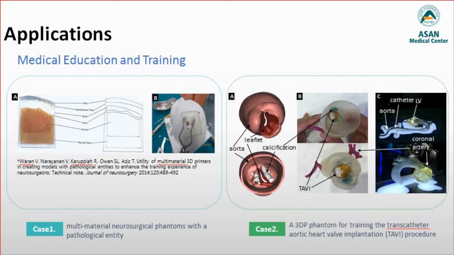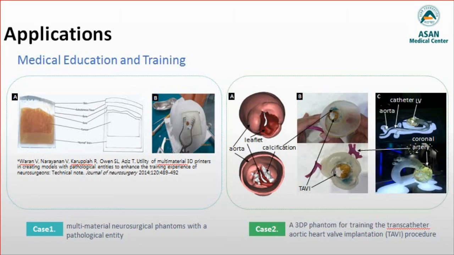Similarly, case 2 is a 3DP phantom for training the transcatheter aortic valve implantation procedure. From the cardiac CT data, the left ventricle with a calcified bicuspid aortic valve and aorta covering the catheterization route was 3D reconstructed by dedicated software.